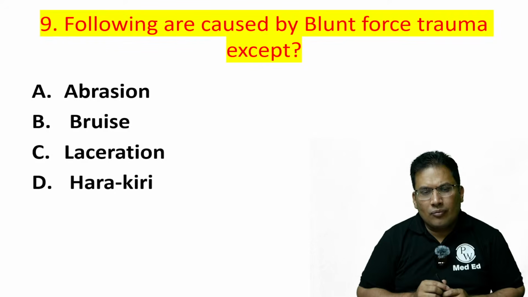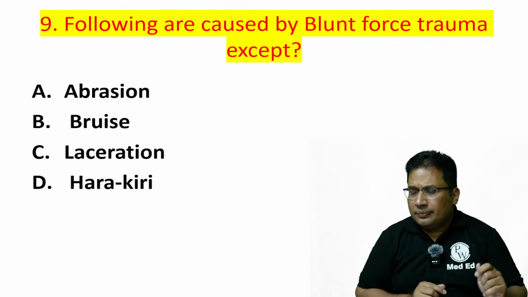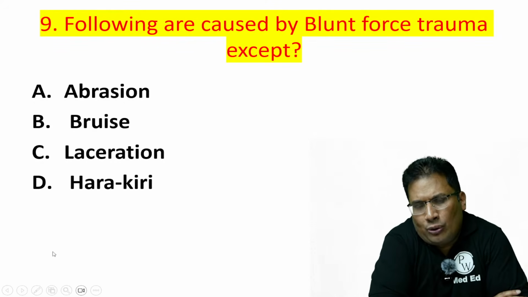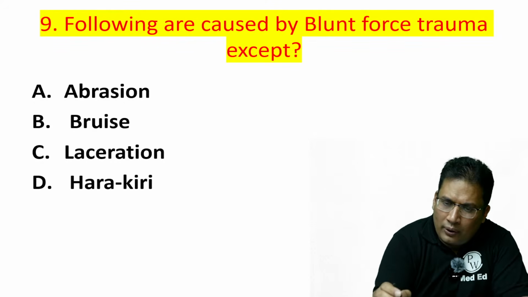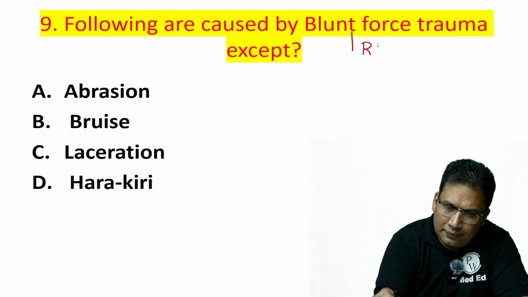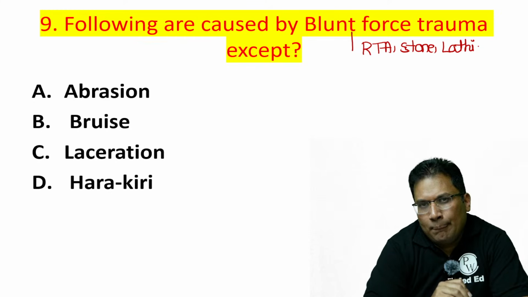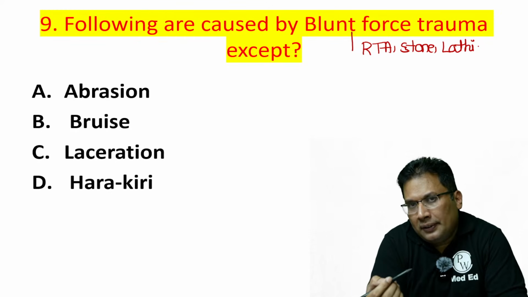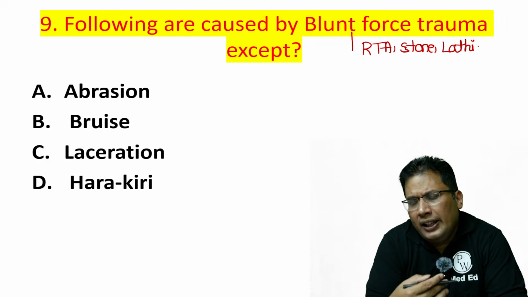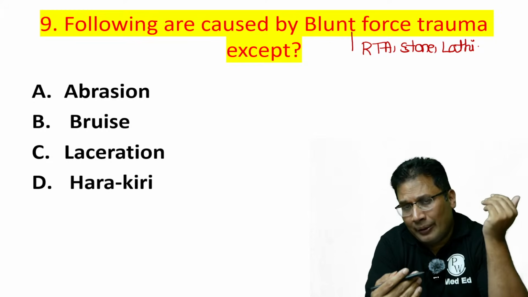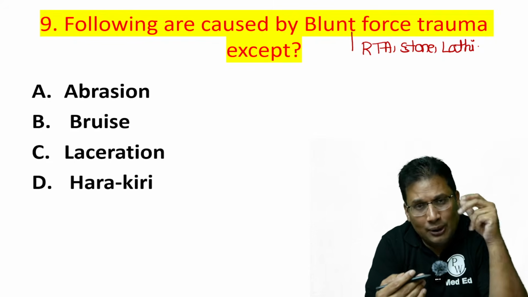Then, following are caused by blunt force trauma except blunt force. Like example, road traffic accident, stone, lathi, cricket bat, cricket ball. So any surface or any weapon which has blunt ends, not the sharp end, not the pointed end, we call it as blunt force.